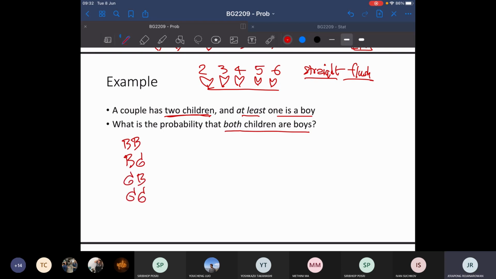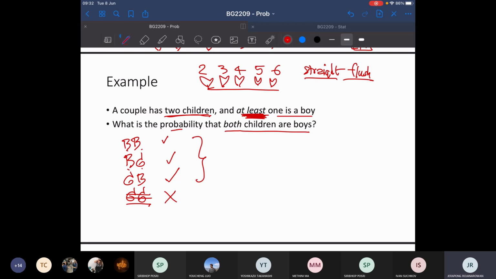But it's given that you have at least one boy. Then this one could be the case, check. This one could be the case also, check. It could be the case. This one cannot be the case, right? So this one is not going to happen. So in this case we have three possibilities now.